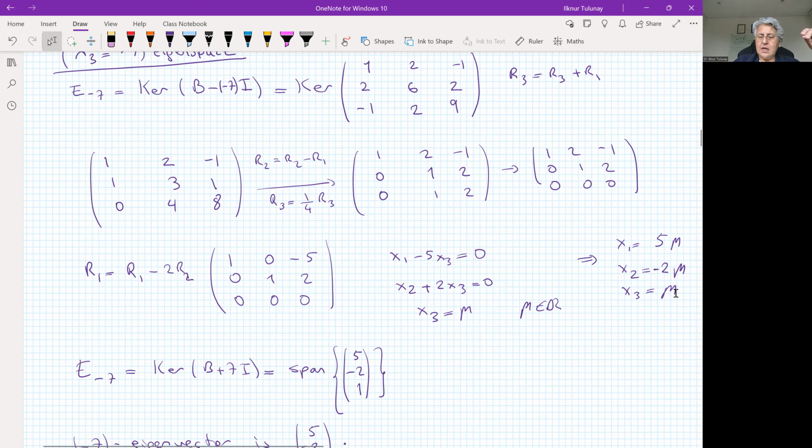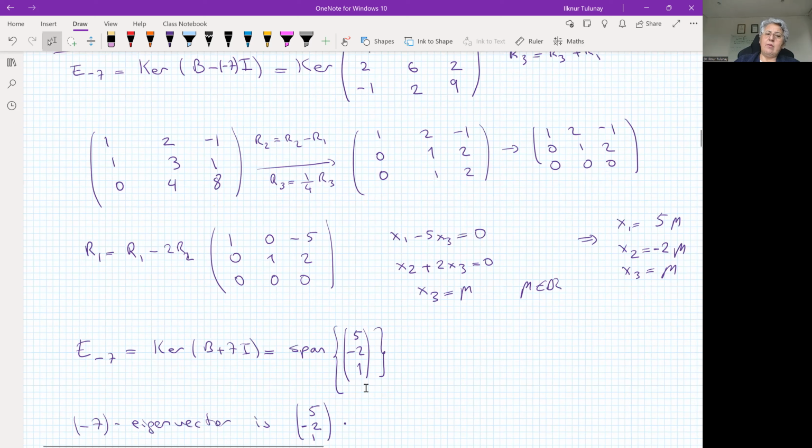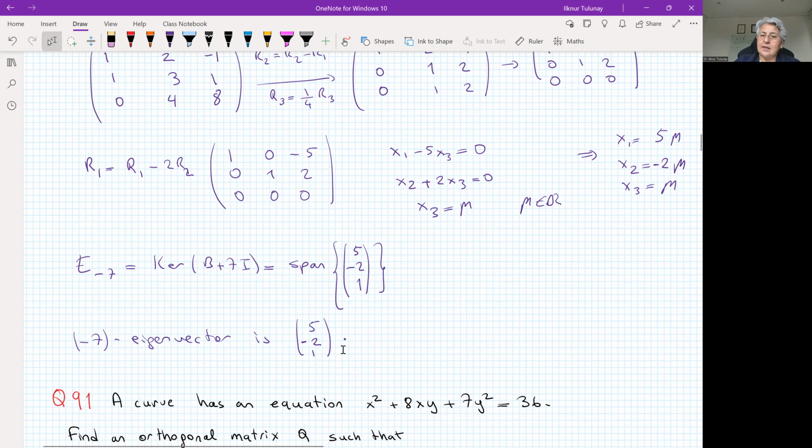So the vector here is 5, minus 2, 1. So the minus 7 eigenspace, which is the kernel of B plus 7I, is the span of 5, minus 2, 1. And we call the minus 7 eigenvector 5, minus 2, 1.